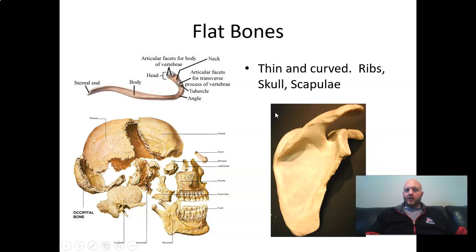Flat are exactly as they sound. They're flat. All these ones that make up the skull, your ribs, your pelvis, your scapula are all flat bones. They are not overly thick. If you remember from our assemble a rabbit or a cat, there are a lot of rib bones in there that were flat in nature.